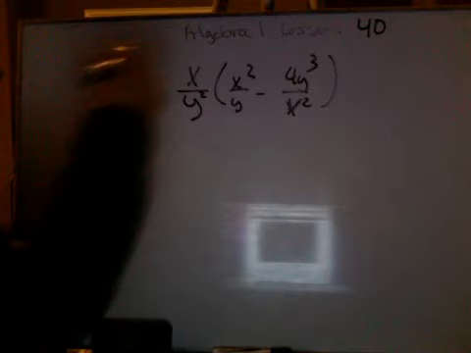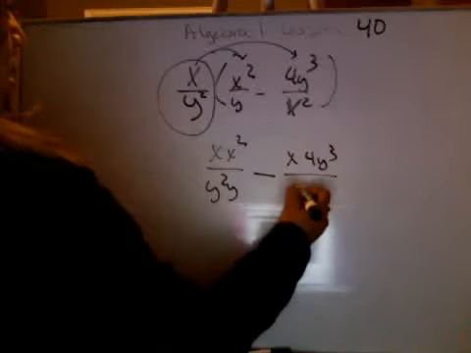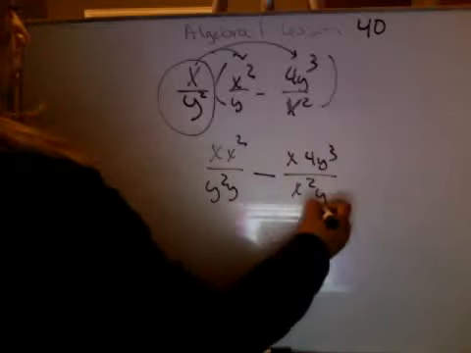And to simplify this, because there's 2 terms, we have to distribute. Remember we said the operation for the distributive property is multiplication. So we simply have to take this whole thing. So you have x squared over y squared, y, minus, keep the sign, x 4y cubed over x squared, y squared.